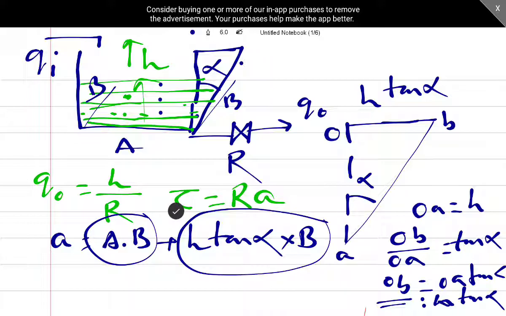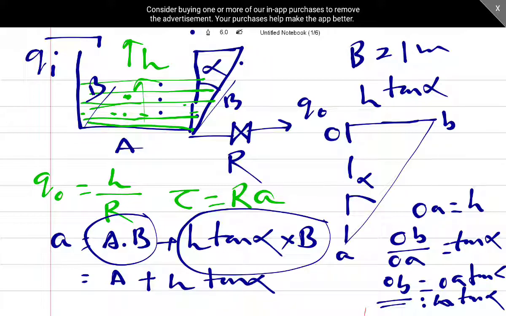Now, in the numerical, say it is given like b equal to 1 meter. So, just put here. So, it will come a plus b is equal to 1. So, I am just removing this h tan alpha and b again equal to 1. So, from that you can find out this value of tau.